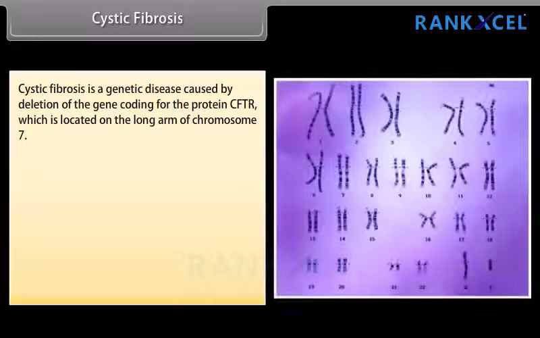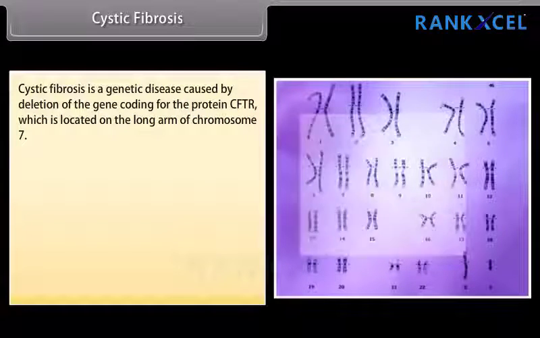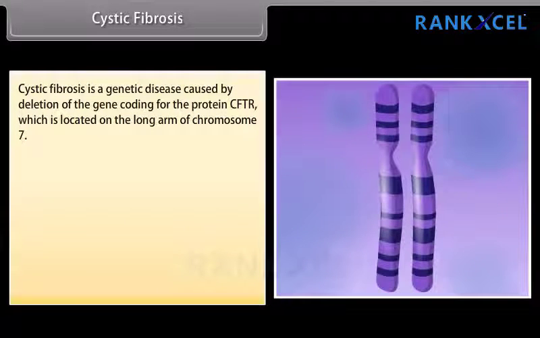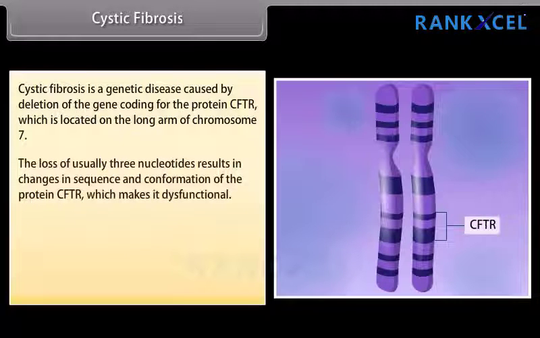Cystic fibrosis. Cystic fibrosis is a genetic disease caused by deletion of the gene coding for the protein CFTR, which is located on the long arm of chromosome 7. The loss of usually 3 nucleotides results in changes in sequence and conformation of the protein CFTR, which makes it dysfunctional.